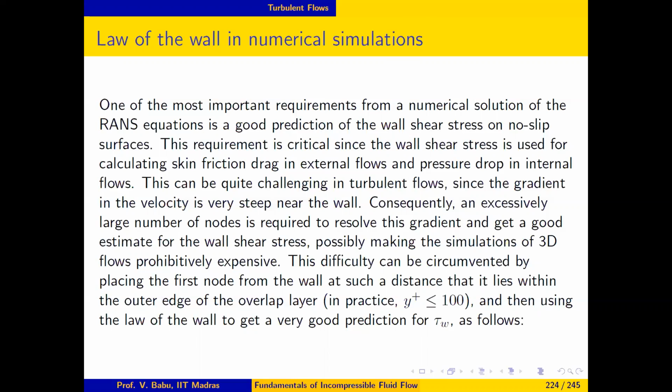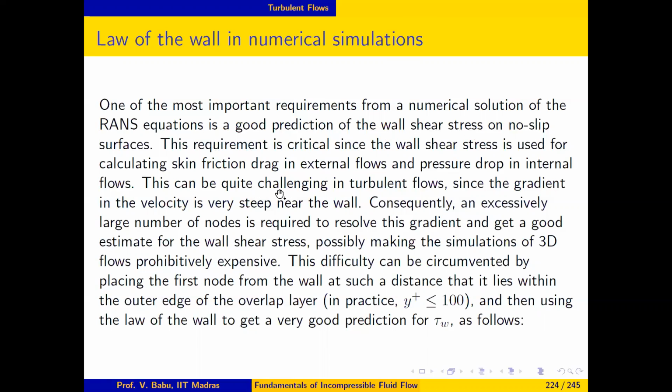There may be multiple no-slip surfaces, and the numerical solution should predict the wall shear stress on the surfaces quite accurately. The requirement is critical because the wall shear stress is used for calculating skin friction drag in external flows and pressure drop in internal flows.